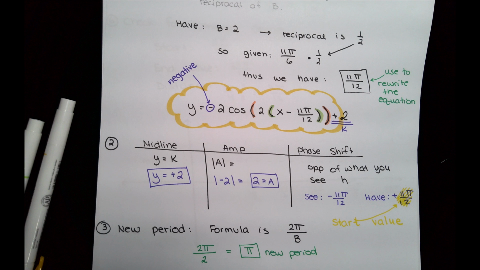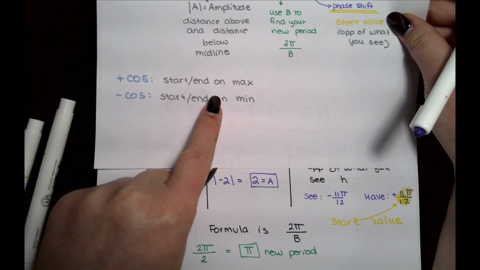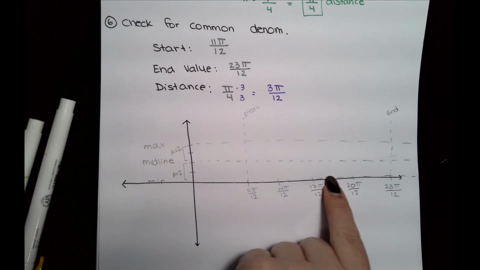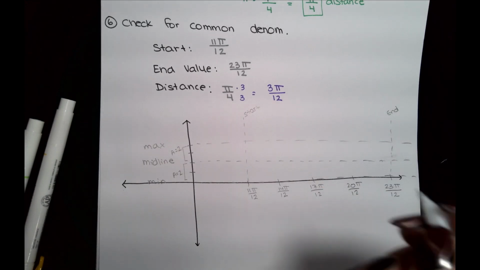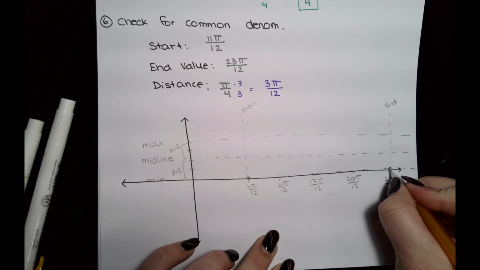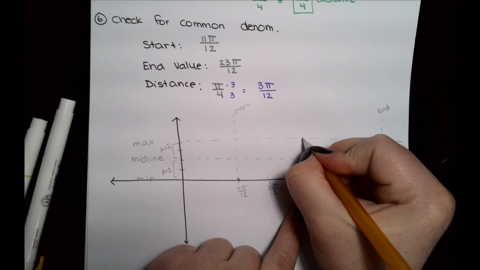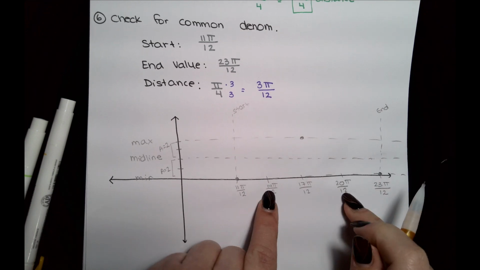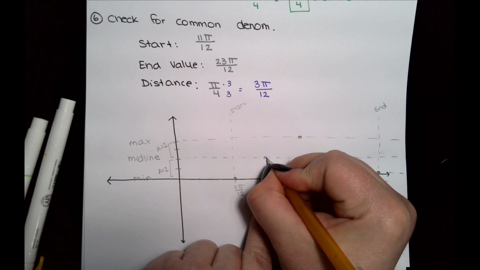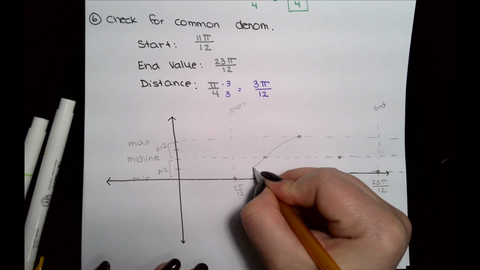So with a negative cosine, we're going to start and end on the minimum values. So here's our dotted line for the minimum. I'm going to start on the minimum values and end on the minimum values, which means my middle goes all the way up to my maximum, and my quarters, my middles of middles, are always on the midline. We're going to connect, smooth.